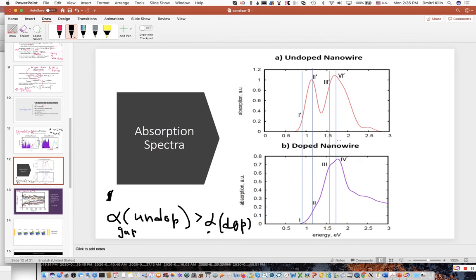This is expected because the electron is transitioning between two different orbitals with different spatial localizations. Yeah, that's it for slide 12. Next slide.